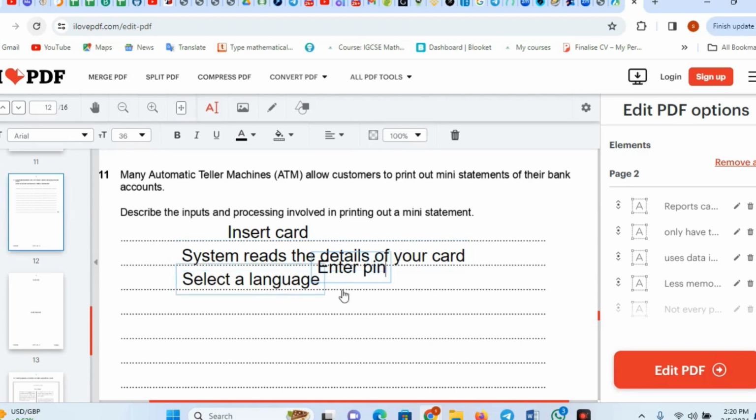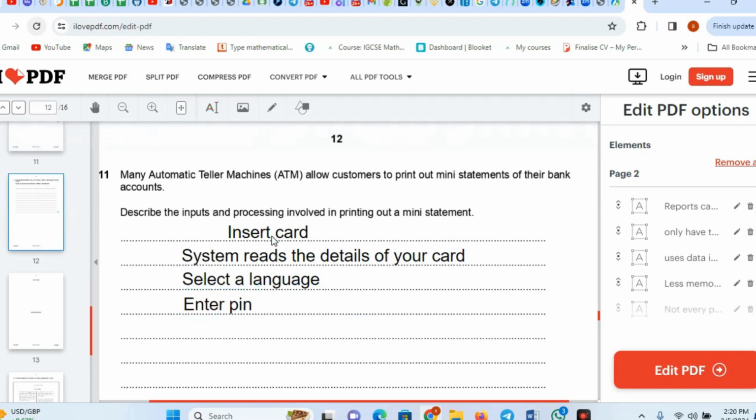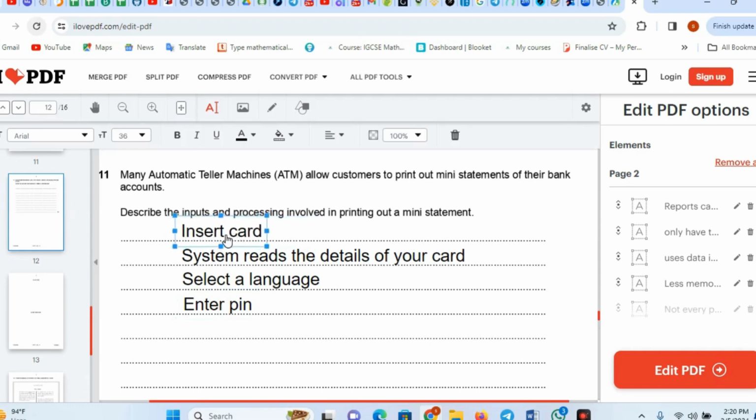After entering your PIN, what happens? You select print, which is the mini statement option. That is, you want the ATM to print out your mini statement. So you press on print mini statement.